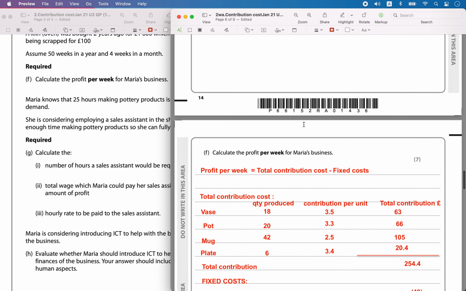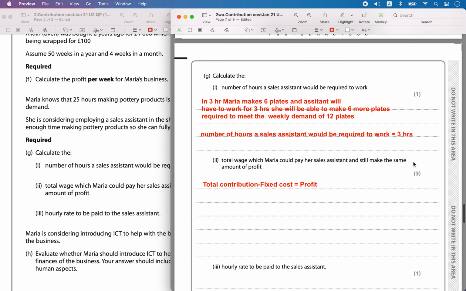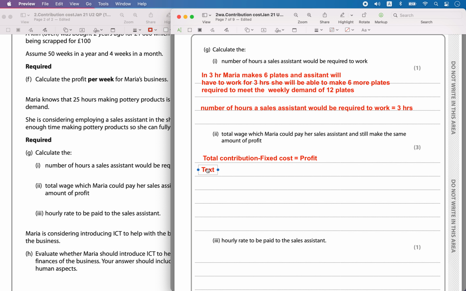Okay, now the total contribution here, with the 6 more plates, will become equal to 254.4 plus the extra contribution she is going to get, the contribution due to 6 plates by the assistant.